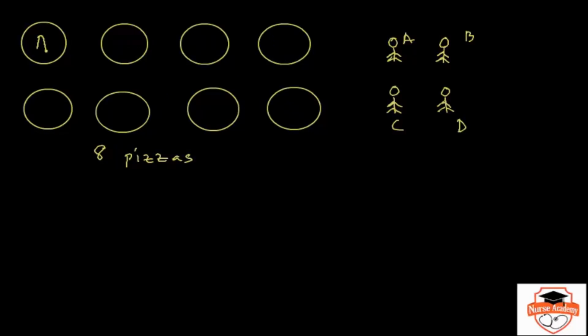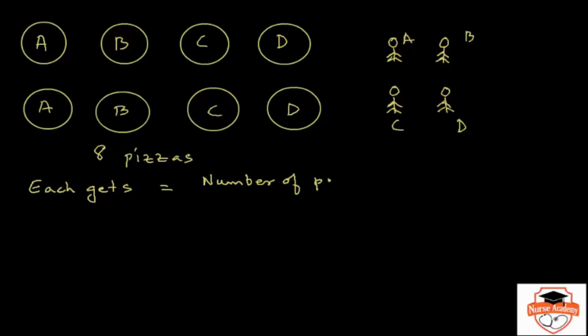Give the first pizza to A, the second to B, the third to C, the fourth to D, and start again with A, B, C and D. So as we can see, each one of them receives 2 pizzas. So we could write down each gets the total number of pizzas divided by the number of people who are sharing them.